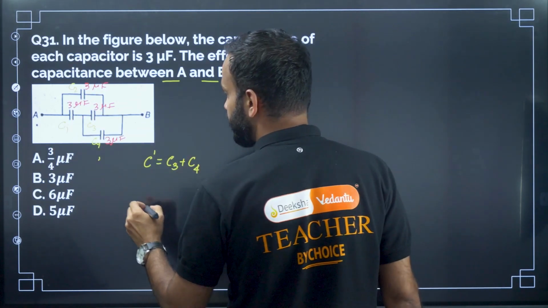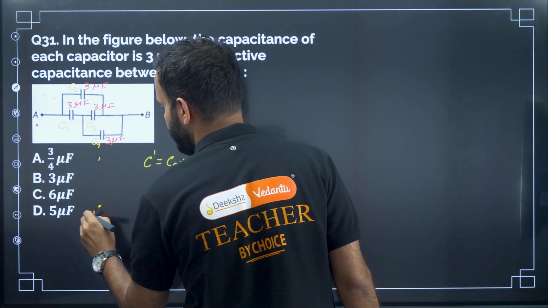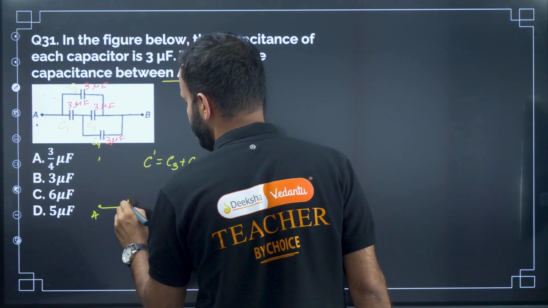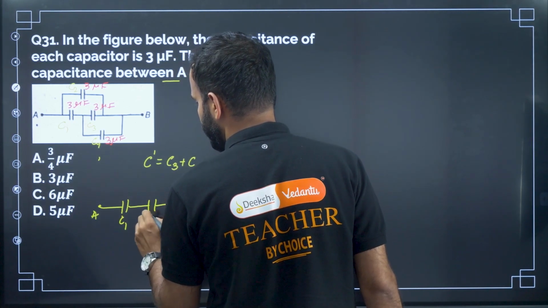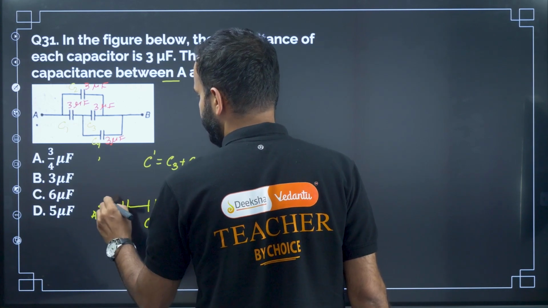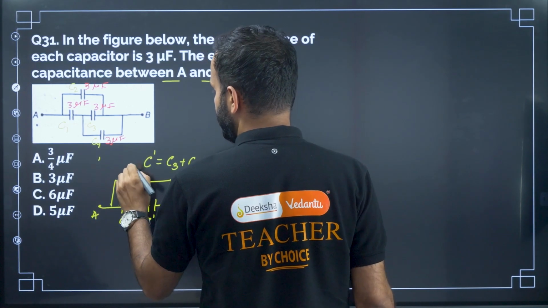If I draw the equivalent circuit diagram, this is how it looks: C1, this will be C dash, and then C2.